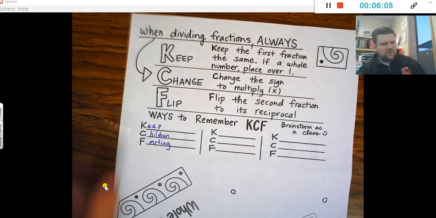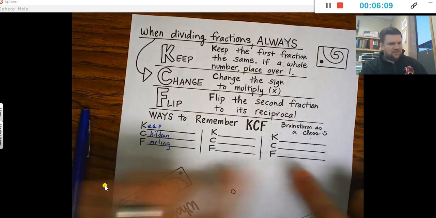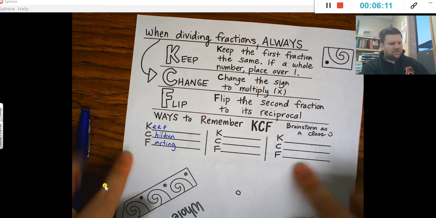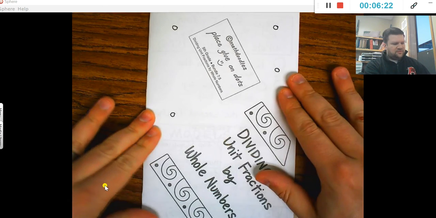Okay, think of 2 more on your own. When you're done with that, you notice right underneath this, you can fold it in half right there. Okay, it's not a perfect fold, but it's close.